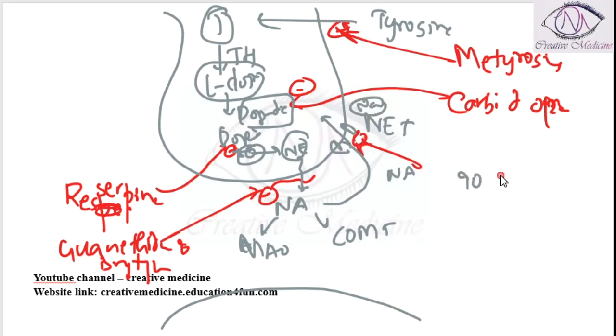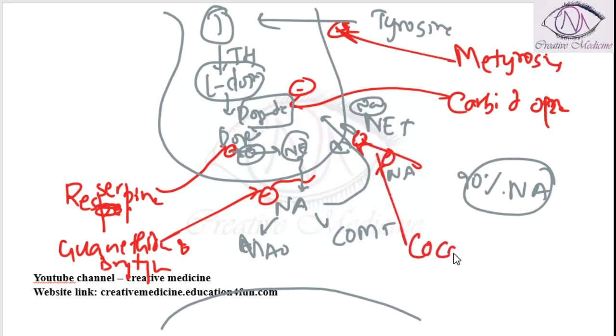Almost 90% of noradrenaline will undergo reuptake with the help of the norepinephrine transporter. This transporter is inhibited by molecules like cocaine or tricyclic antidepressants. The reuptake is responsible for the termination of action of catecholamines.